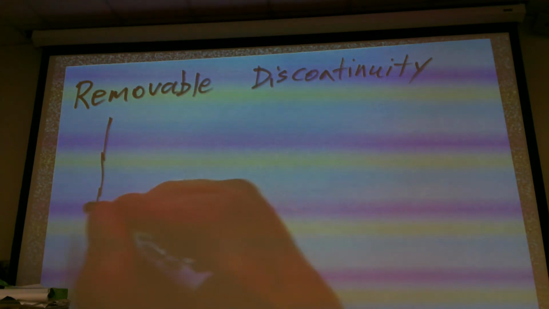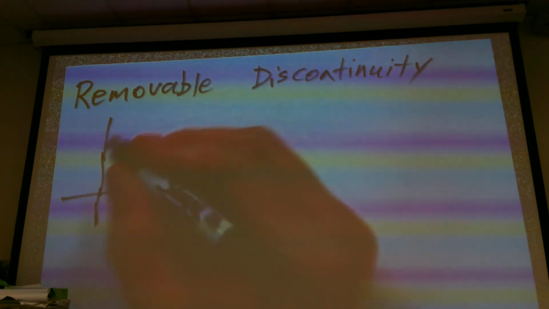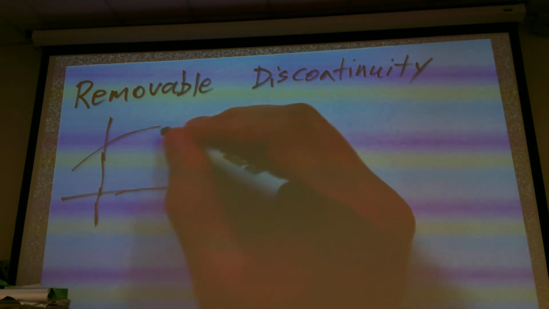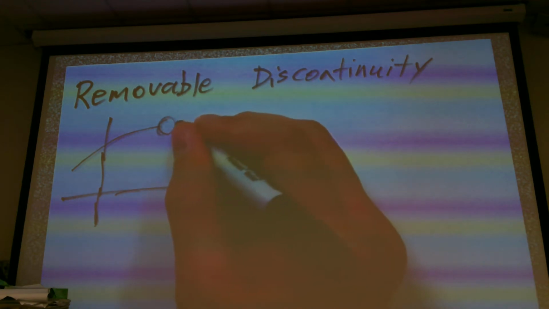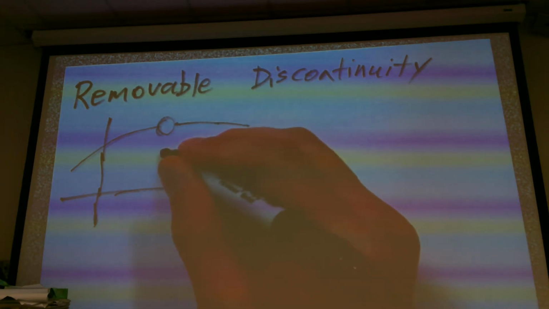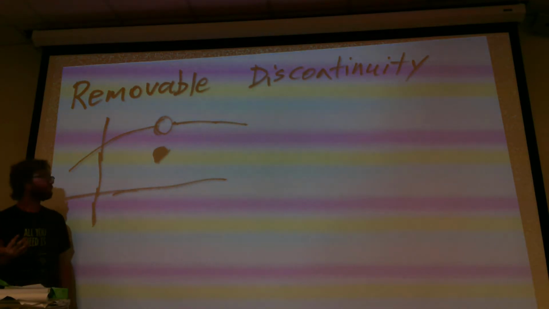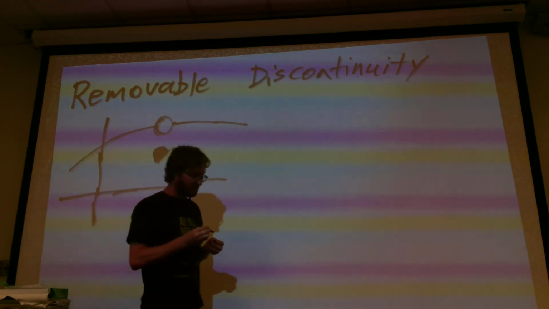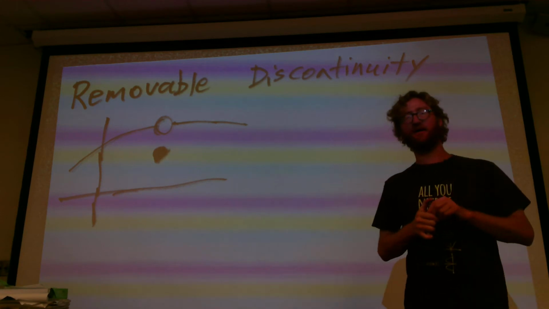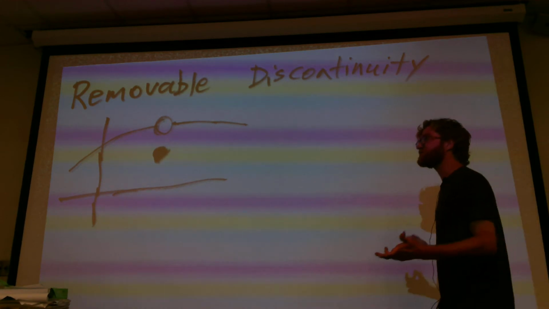So, with a removable discontinuity, the limit from both directions will exist, but we have an infinitely small hole just at that point right there. And so, in later forms of math, you'll figure out that this is called a thing of measure 0.